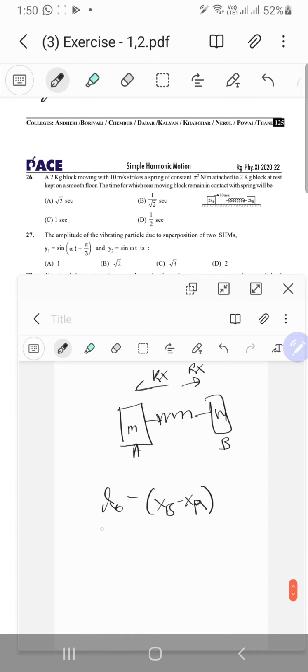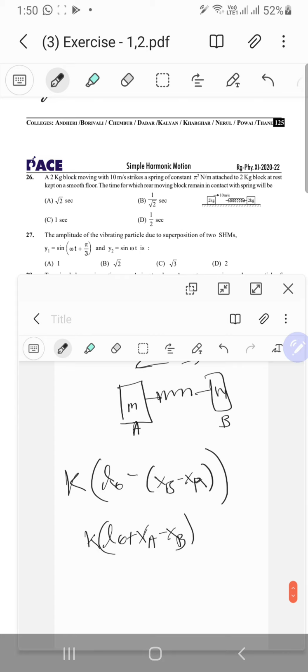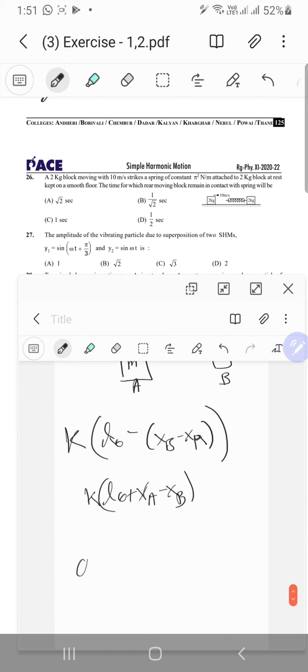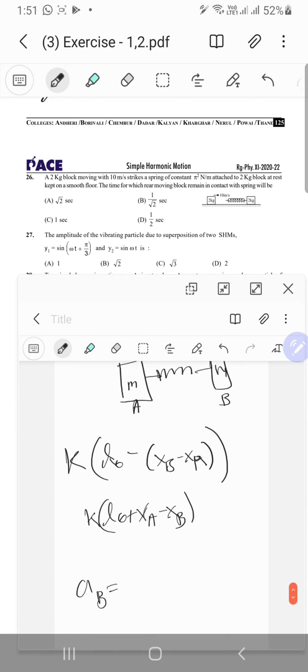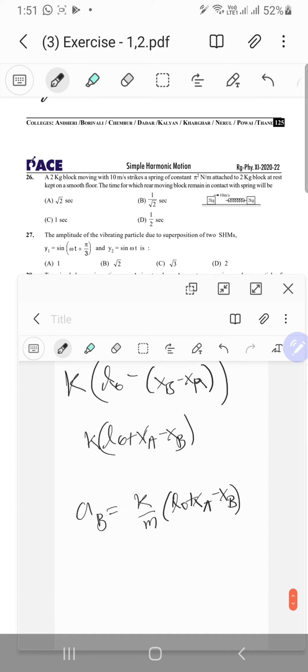So you're just gonna get k times L naught plus xa minus xb, that's the force. So the acceleration of b is this force upon the mass of b, which is k upon m into L naught plus xa minus xb. Acceleration of a is minus k by m into L naught plus xa minus xb.